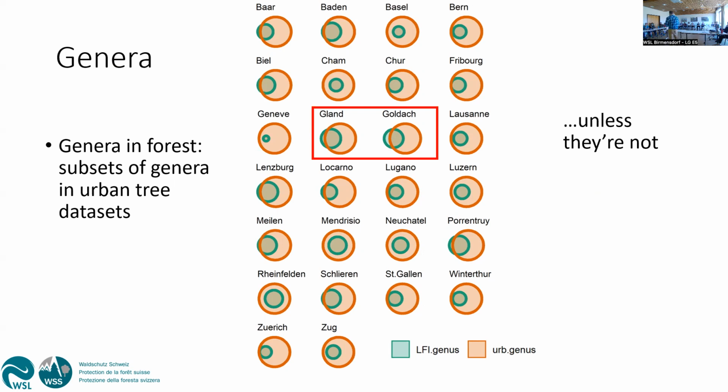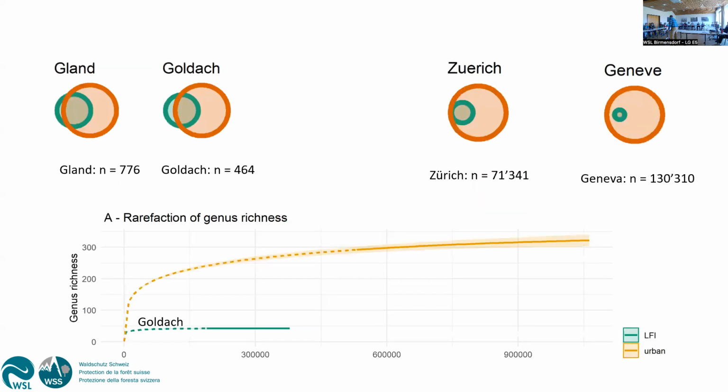But to understand what's happening here, we should also look at some that are really nice subsets and then compare the two. And here the point is just what I made earlier. We're talking about very small data sets compared to what we have in Zurich and Geneva. We're talking about 700 and 400 against 70,000 and 130,000 city trees.